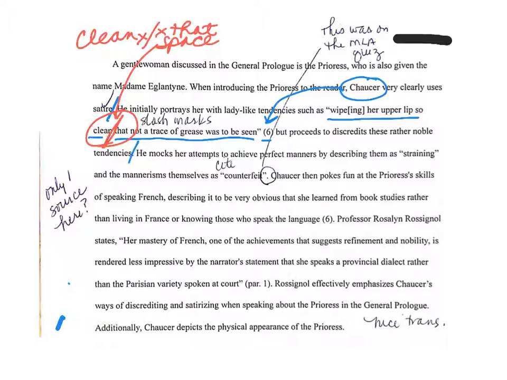Now, she only used 2 lines of text, therefore you only need 1 slash mark. What it does is it tells the reader that, hey, I am taking 2 lines of poetry. I'm going to slash it down the middle so that you know where the line breaks in the book. Okay, so that is important, slash marks.